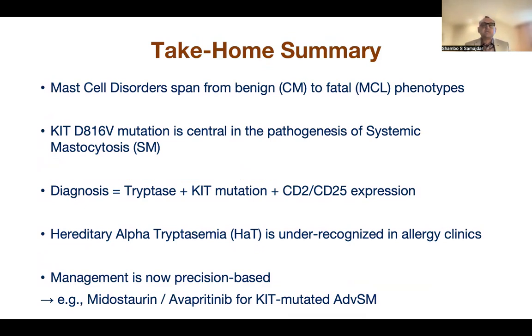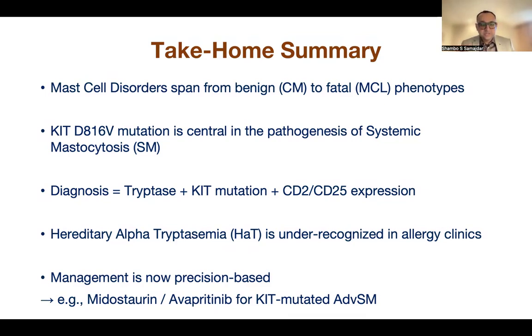So to summarize, mast cell disorders span from benign cutaneous mastocytosis to fatal mast cell leukemia phenotypes. The KIT D816V mutation is central to the pathogenesis of systemic mastocytosis. And when we want to talk about diagnosis, we need the tryptase value, we need to understand the KIT mutation and the aberrant expression, especially the CD2, CD25 markers.